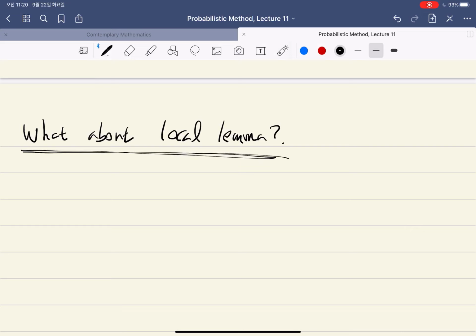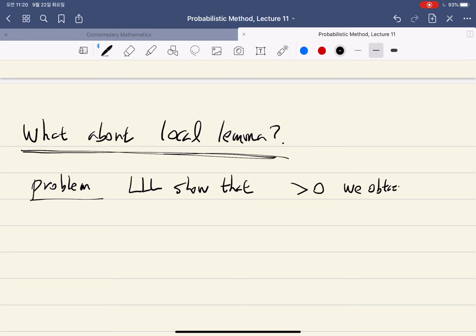So let's say there is some problem, and you use the local lemma to show that if you randomly choose, then with positive probability, we obtain a desired solution.